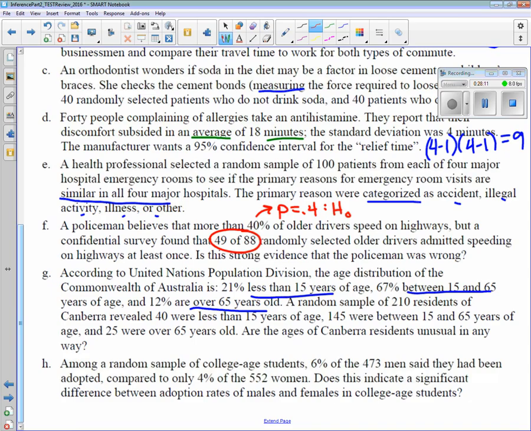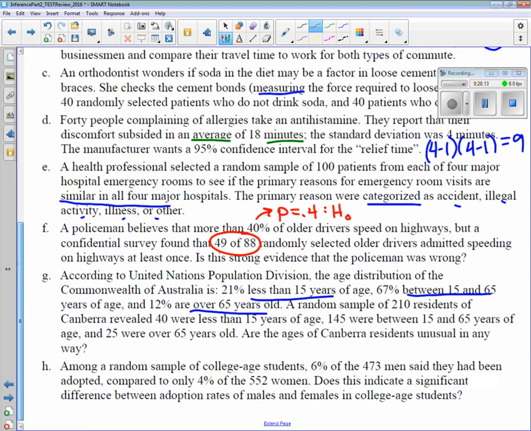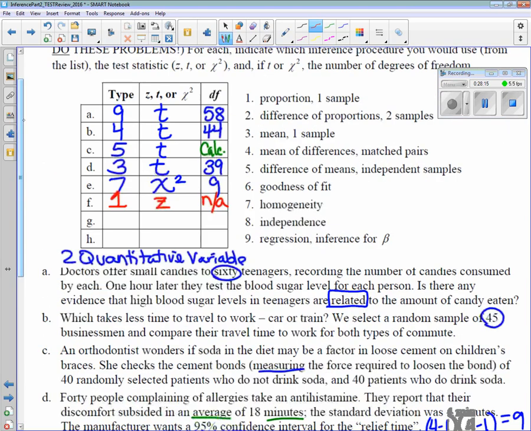So are they unusual in any way? We're comparing them to that historical, so what is that? Goodness of fit. That's 6. It is a chi-squared goodness of fit test. So G would be 6.